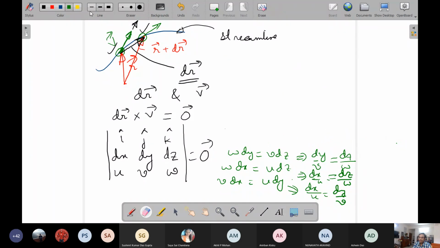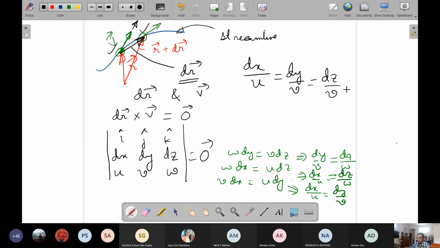So we can write it with some clarity. So combining this, you have dx by u. So this has a formula all of you know, and u, v, w are known functions of position and time, and you can simply integrate this to get the equation of the streamline.